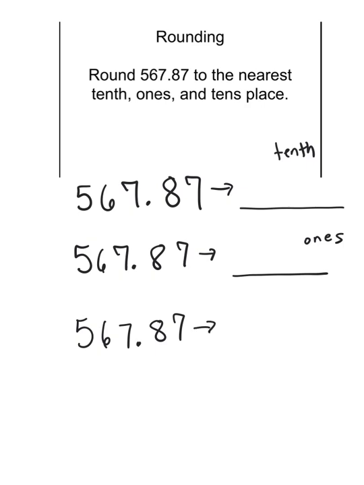And then one last rounding assignment, you're going to round this number to the nearest tens place. So remember, the best way to do this is if you're rounding to the nearest tenth, locate the digit in the tenth place and then use its next door neighbor to help you round. Okay?